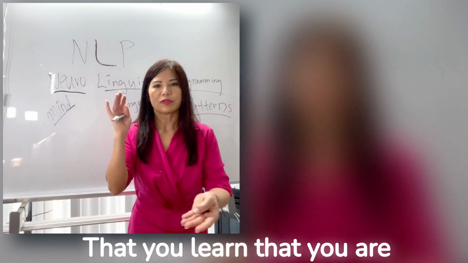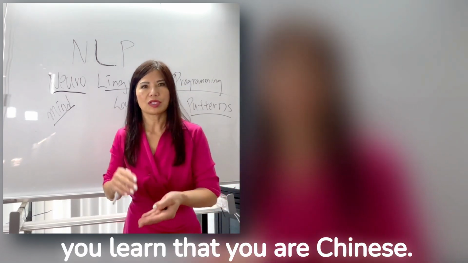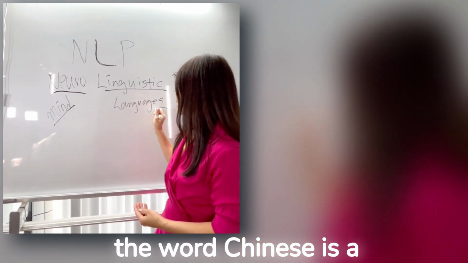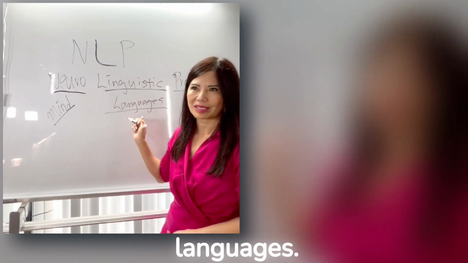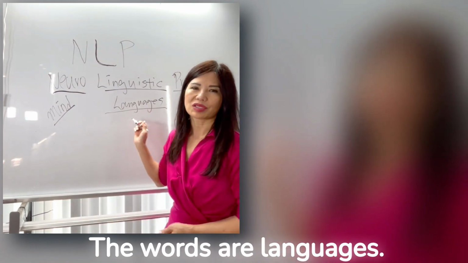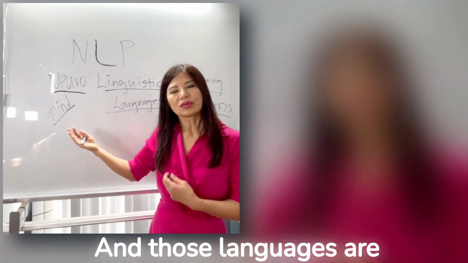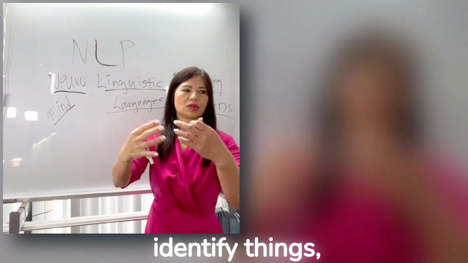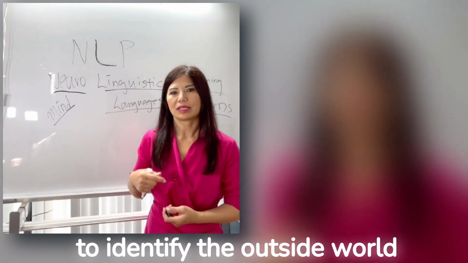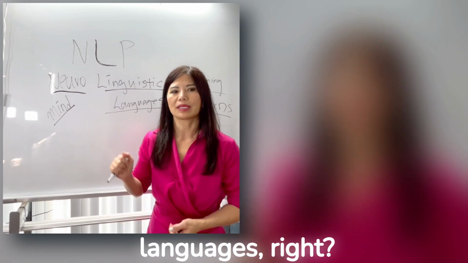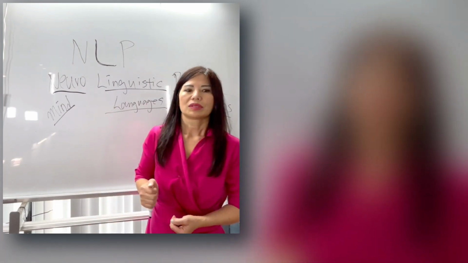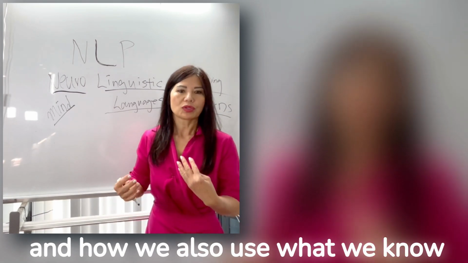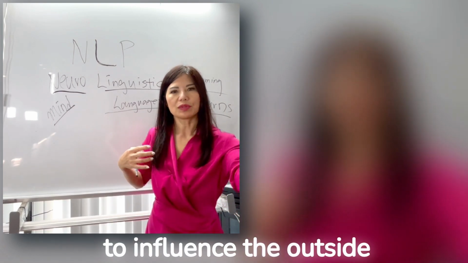You learn that you are female, you are male, you learn that you're Chinese. The word Chinese is a language. The words are languages, and those languages are part of the way to identify the outside world. But we tell ourselves, and how we also use what we know to influence the outside world.